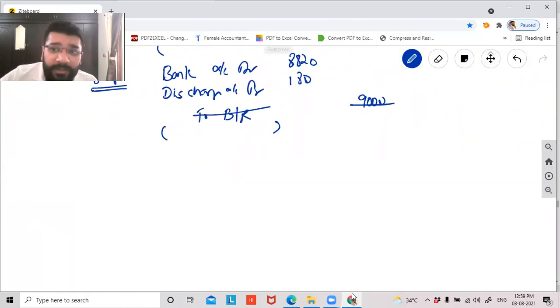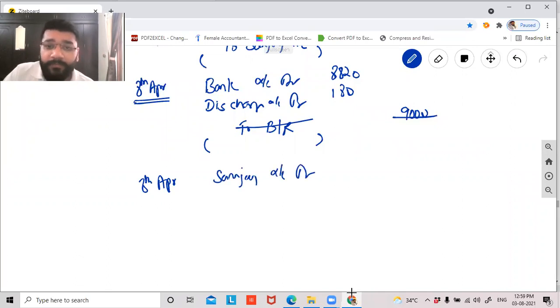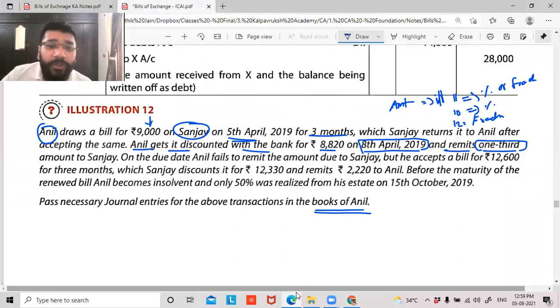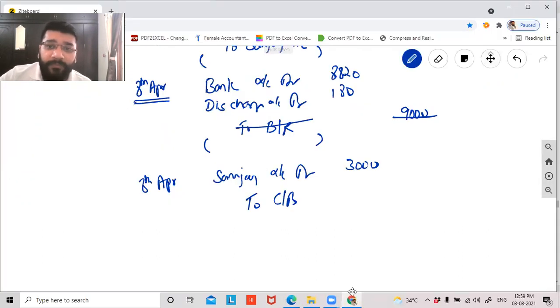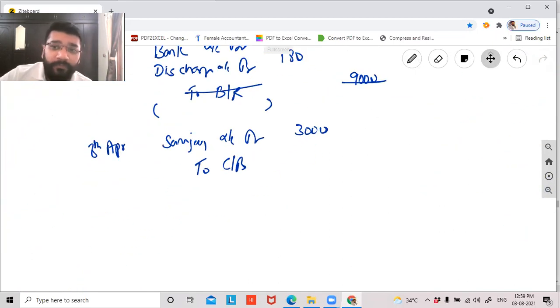On the same day when we discounted this bill, that is 8th of April, we are reversing the liability of Sanjay. So Sanjay account debit 3,000 rupees. How did we reverse Sanjay's liability? By making him the payment in cash or bank to the tune of 2,940, and to that extent we have to reverse the discounting charges, guys.